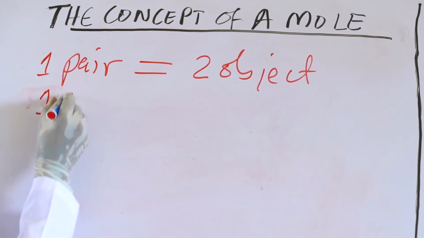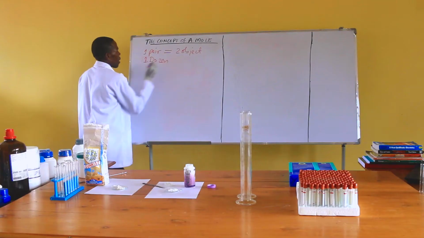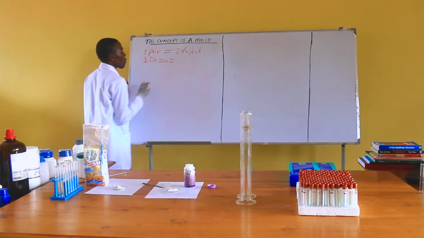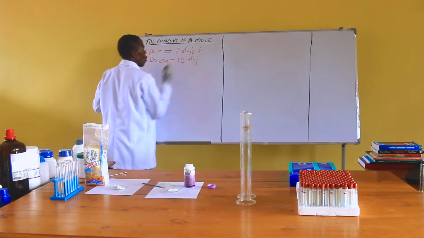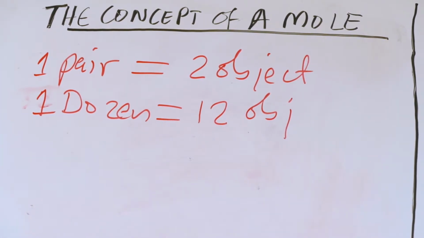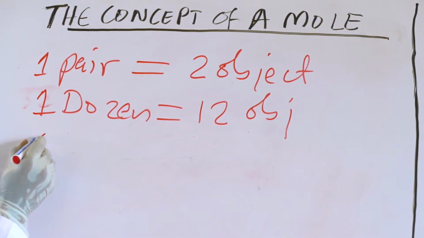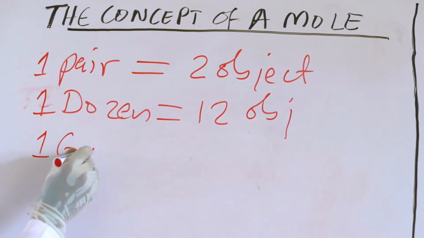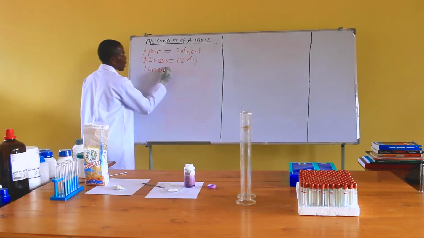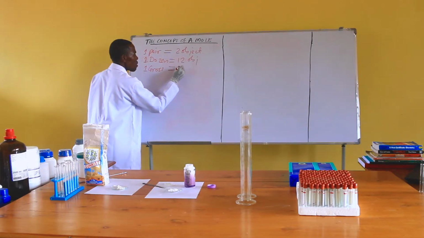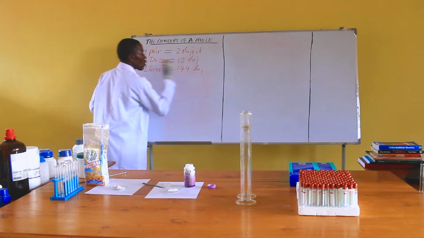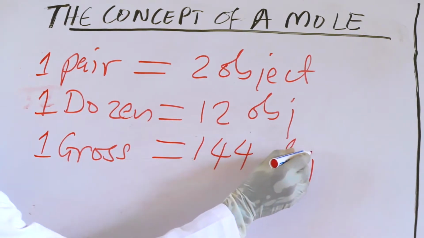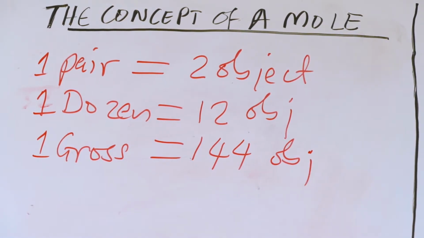One dozen is formed by 12 objects. One gross is formed by 144 objects.